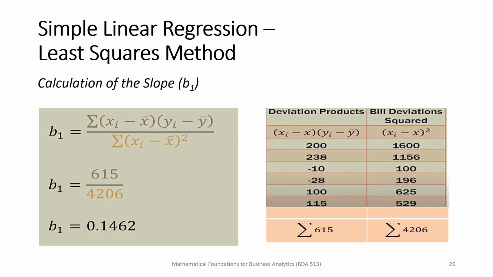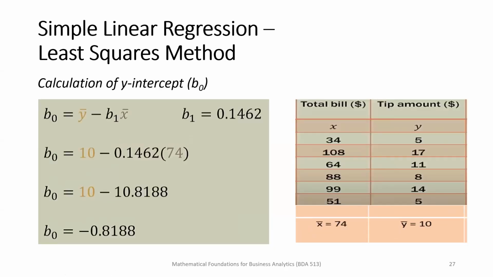Now, if we plug this into the equation, we've calculated B1, which gives us 0.1462. We want to calculate B0, and we know the formula is Y bar minus B1 multiplied by X bar.